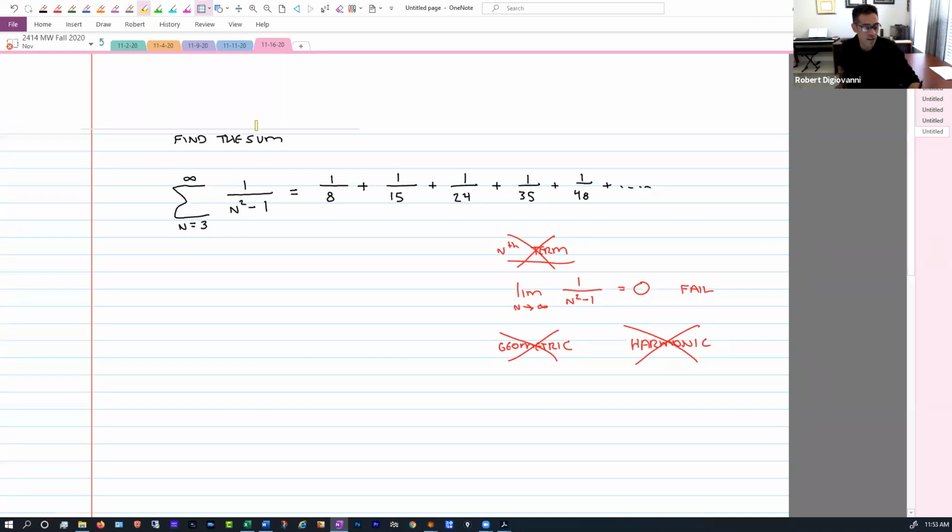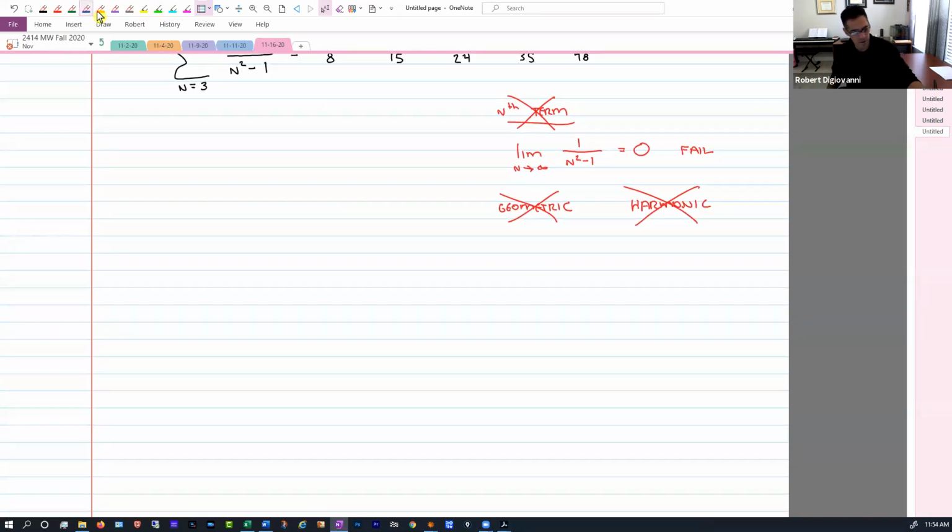But I did tell you to find the sum, didn't I? That's a hint to you, so this should lead you into the whole idea of telescopic. Just like we did before, we should probably try some partial fractions to break this up. Because when we look at this sum right now, nothing cancels, does it? But if we rewrite it using partial fractions, hopefully we'll be able to see cancellation. All right, good job, Yusuf. Let me do my partial fractions over here.